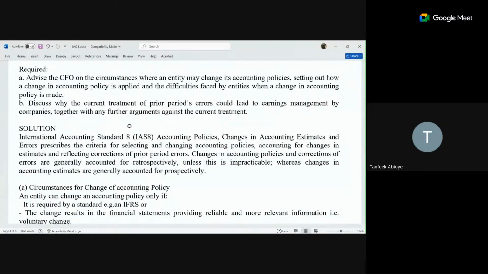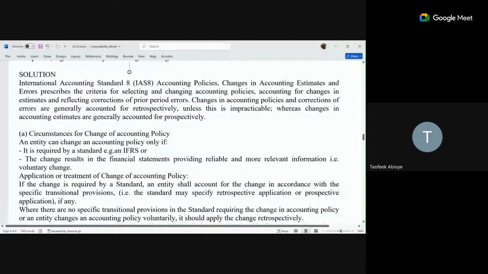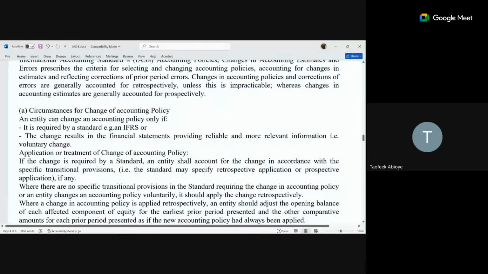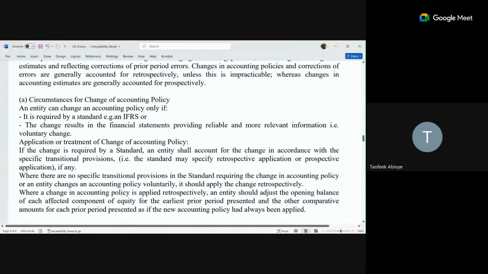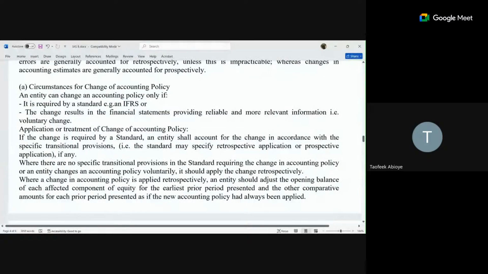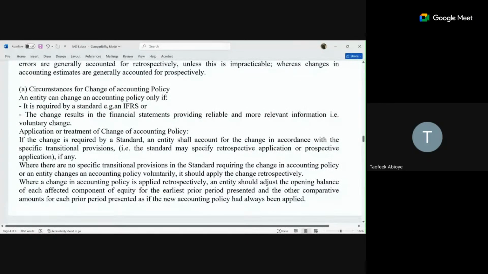Now, circumstances of changes in accounting policy. You tell them if it's voluntary. If it's required by the standard, the application should be treated based on the provision of that particular standard they are going to adopt. If there's no provision, then the changes should be accounted for retrospectively.